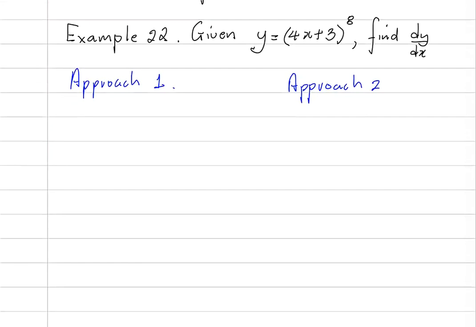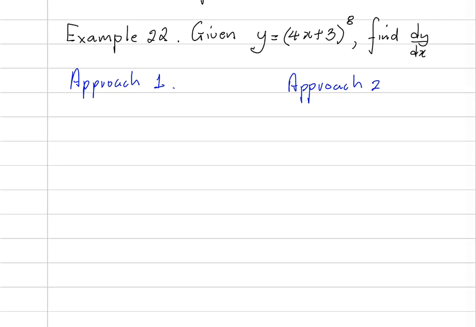Alright, so example 22. I'm going to do it using two approaches. Essentially, it's the same thing, but one would be a little bit shorter than the other. In approach 1, the question says, given that y is equal to (4x plus 3) raised to the power 8, find dy by dx.